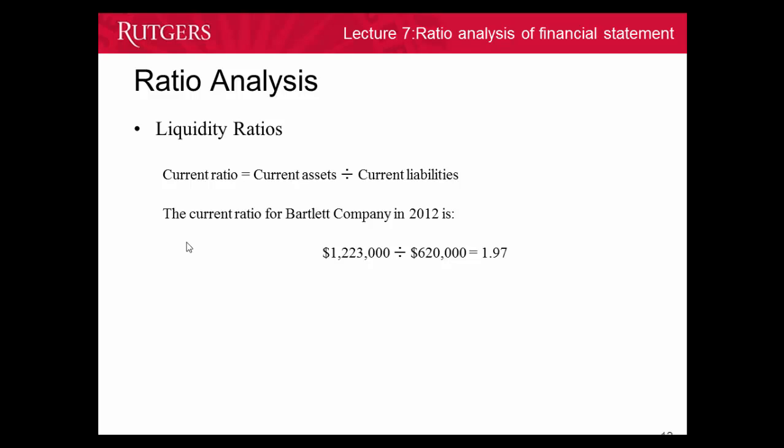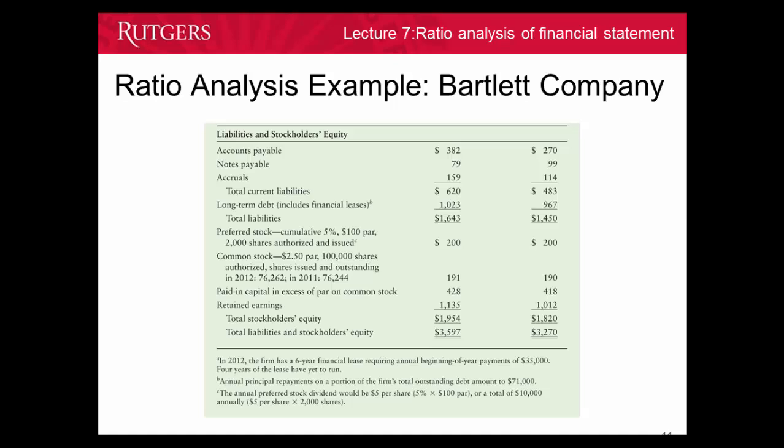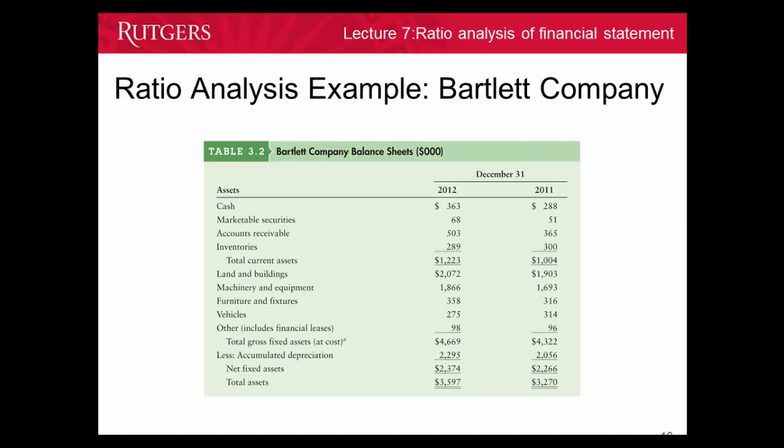It is calculated by using current assets divided by current liabilities. The higher the current ratio, the more capable the company is of paying its obligations. A ratio under 1 suggests that the company would be unable to pay off its obligations if they come due at that point. So let's see how to calculate it. First, we find the current assets in the balance sheet.